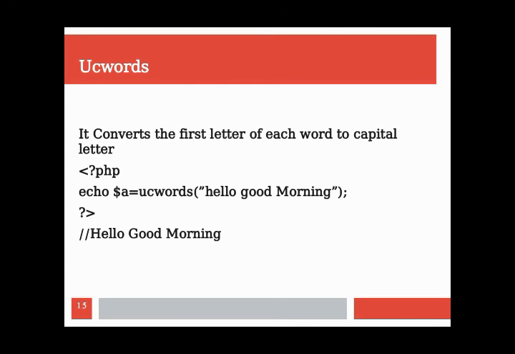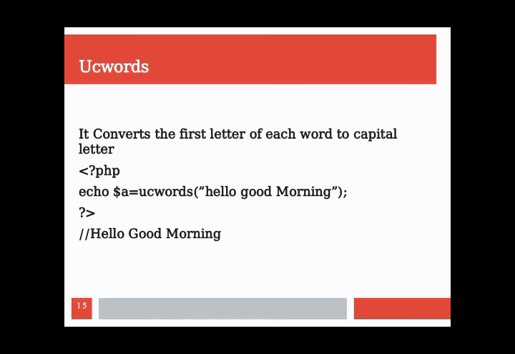Next is ucwords. It converts the first letter of each word to a capital letter. Remember that, this is the difference: here the first letter of each word becomes a capital letter. In the PHP program, our display statement is echo $a equal to ucwords, that means we use this function, and in brackets one string is passed within double quotes, "hello, good morning". Here again hello and good are all small letters, and in the third word morning only the first letter is capital. If we execute this program, it converts the first letter of each word to capital. Hence in hello, H is capital and the rest remain as it is.